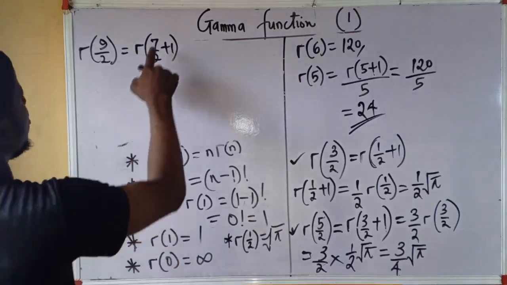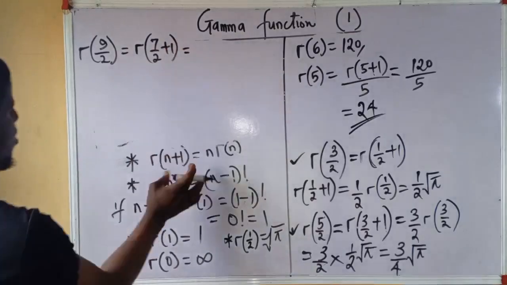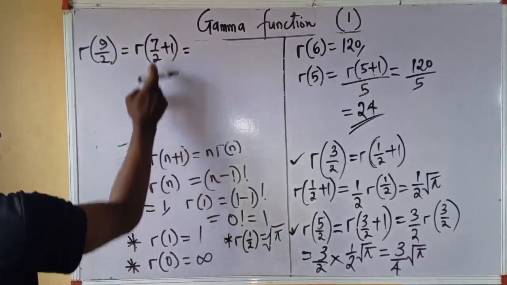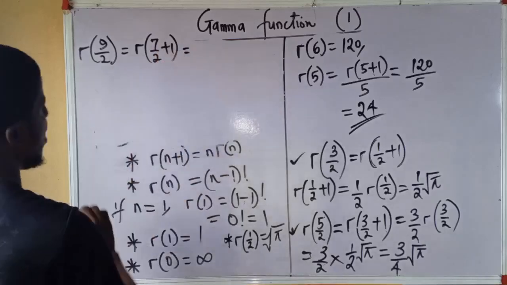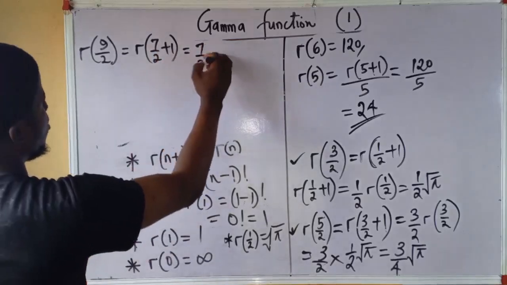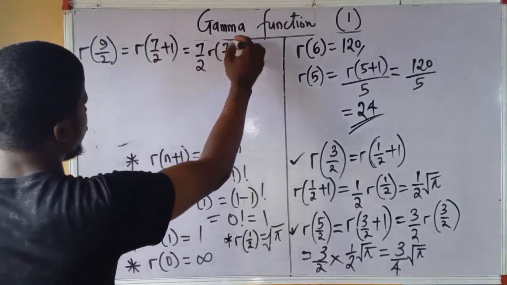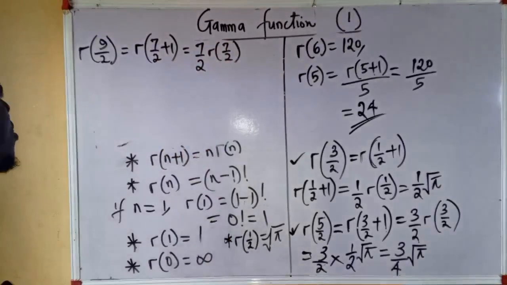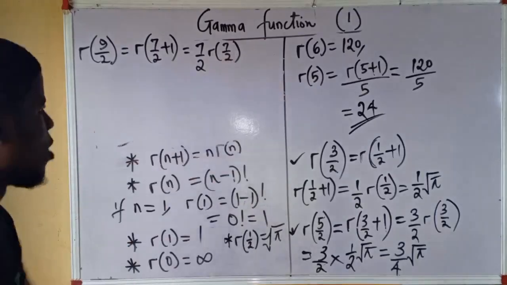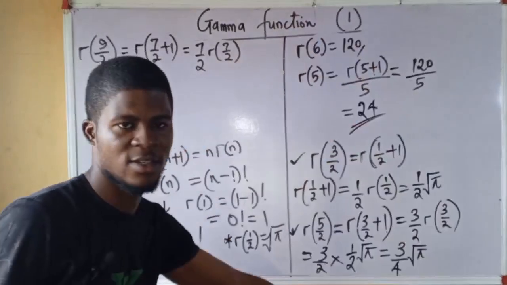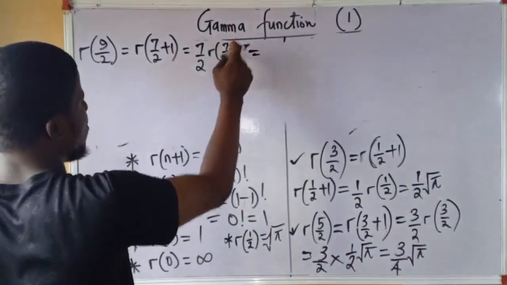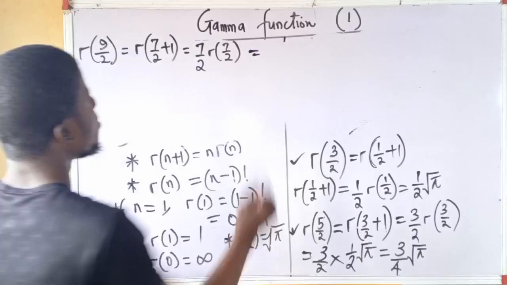Now, just watch. By this formula, n is 7 over 2. So we'll be writing 7 over 2 gamma of 7 over 2. The question remains, what is gamma of 7 over 2? We have not even deduced that before. Gamma of 7 over 2 now is the problem.